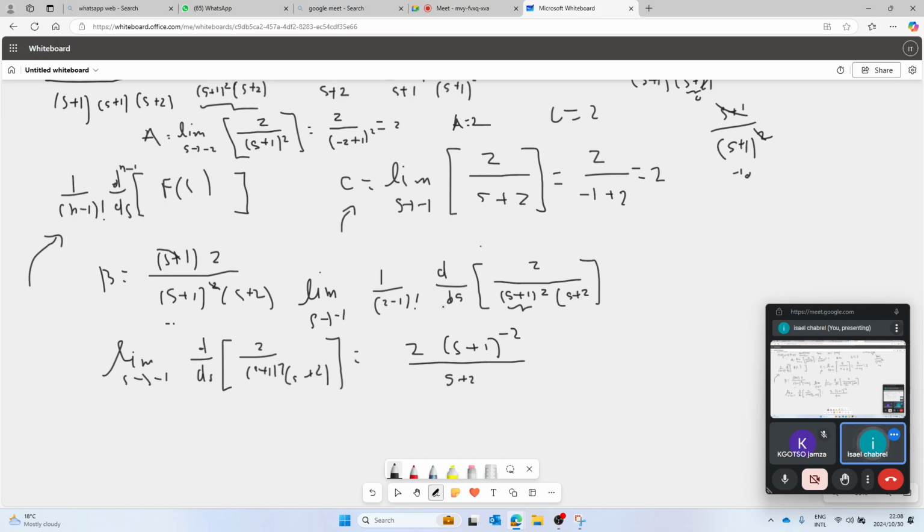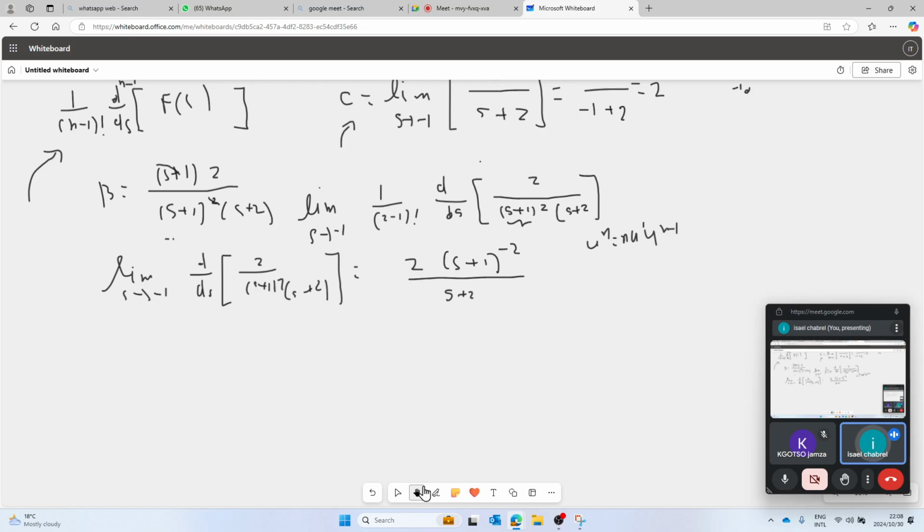So now, if we apply the chain rule, knowing that u to the power n gives n u prime u to the n minus 1. So what does it give us, my brother? Remember, you have these two which is here. If you apply that formula, Mr. Kotso, n here is minus 2. So we have minus 2. U prime, you differentiate what is inside. If you differentiate s, it will give you 1. So it's still 1.